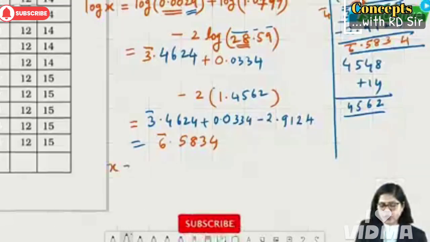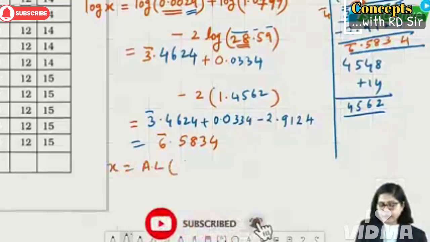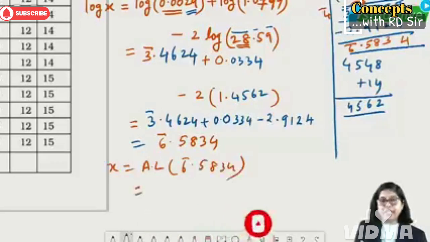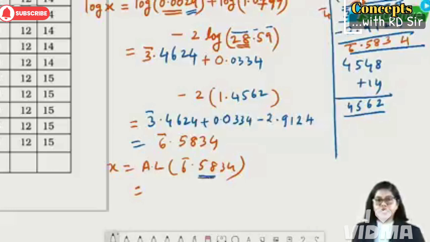So x becomes what? Antilog, correct? So you are just finding the antilog of that value. So antilog table, how are you going to check? You are going to check from here, 58, 3 and 4. So in the antilog table you have to go and check for the 58 number. So the 58, 3 and 4. So it becomes 3828.